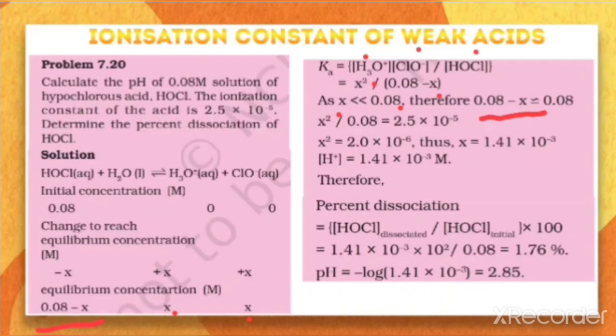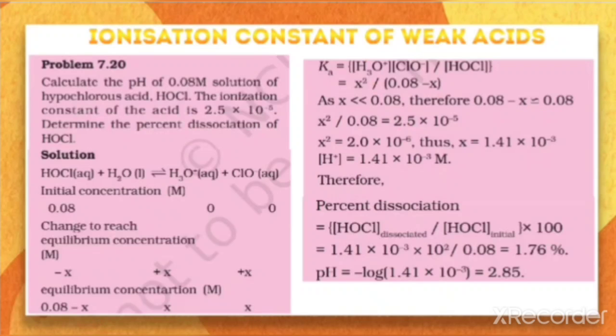Therefore, we can take 0.08 minus X as 0.08. So when we solve this, we get the value of X, that is the concentration of H+, that is 1.41 × 10^-3 M. The M is the unit mole per liter.